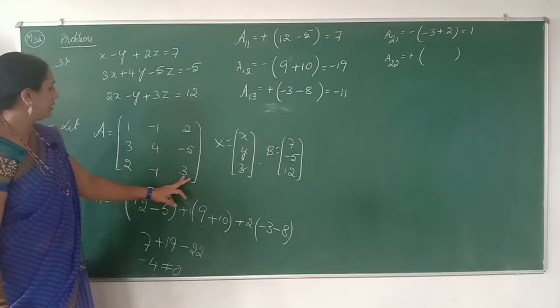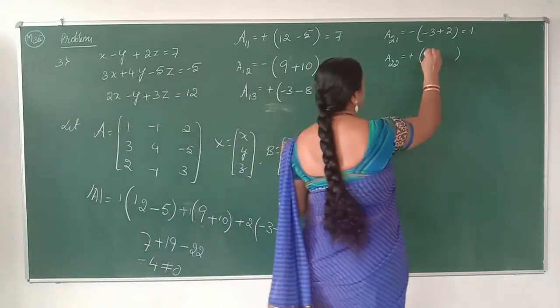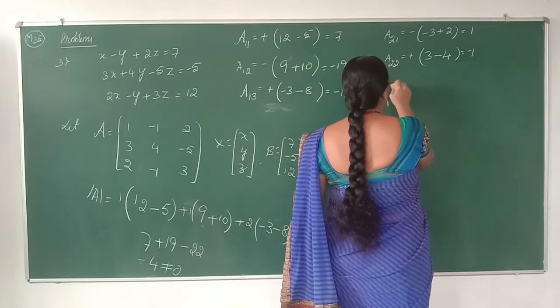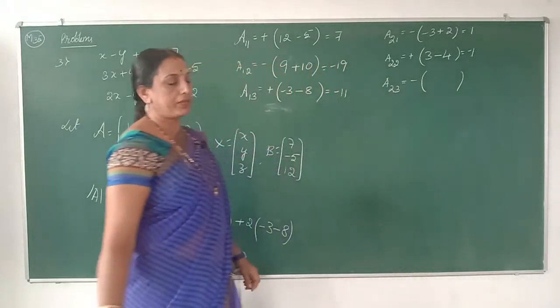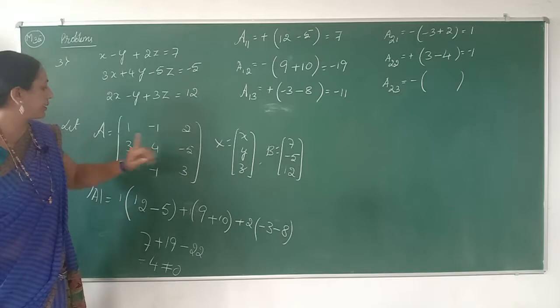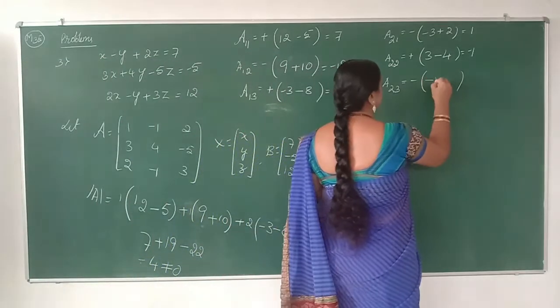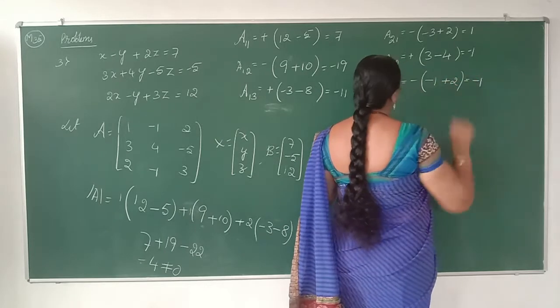Remaining are 1 into 3 is 3, 2 into 2 is 4. 3 minus 4 is minus 1. A23 is multiplied by minus, and it's an element of second row, third column, and these get neglected. Remaining are minus 1 plus 2. So minus 1 plus 2 is 1. 1 into minus is minus.